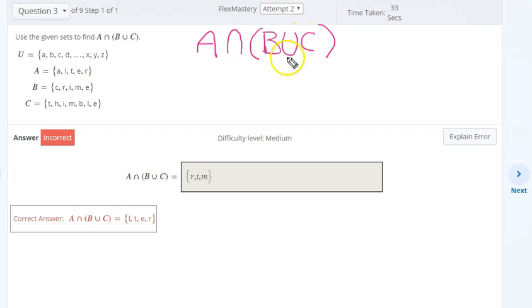So what you would do is look at set B and set C and put them together. I will pause and do that, and we'll review it.